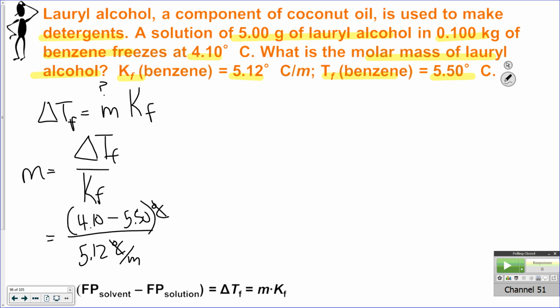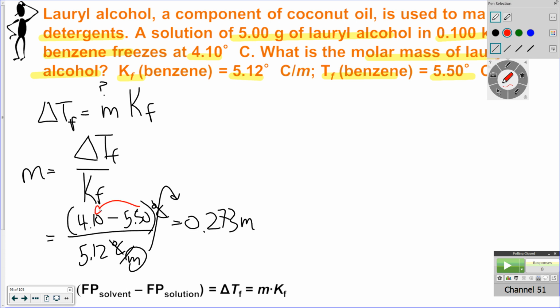Degrees Celsius are going to cancel out. The molal goes to the top. So I just subtract and divide. And I do have those in the wrong order, because you can't have a negative concentration. And I get the molality as 0.273 molal.